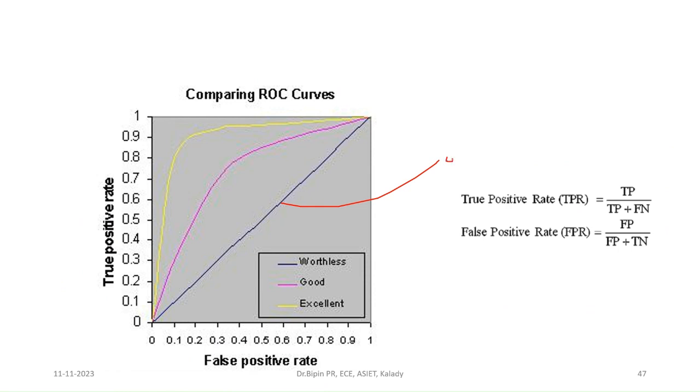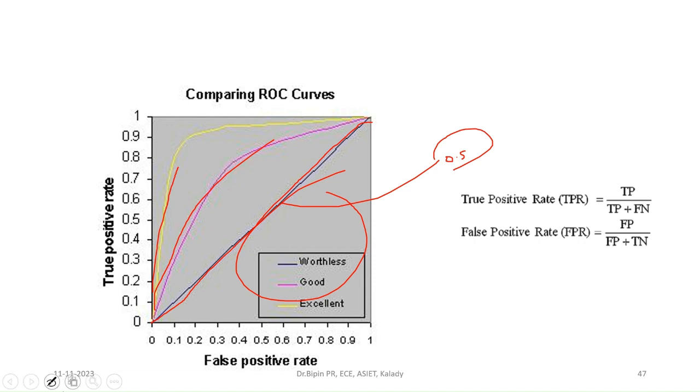This is the ROC curve for 0.5 AUC. So normally the ROC curve should be like this or like this. It should always be above this diagonal line, having AUC 0.5 or larger.